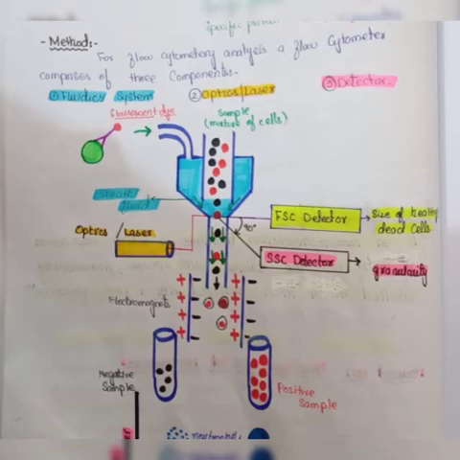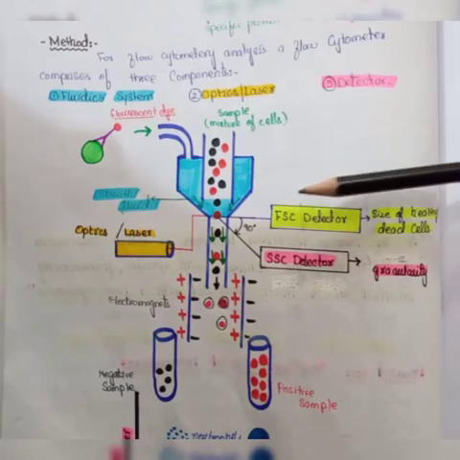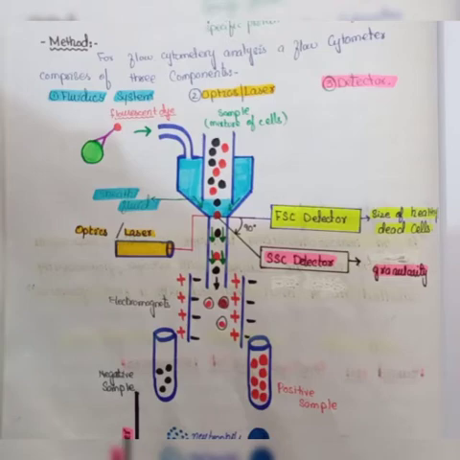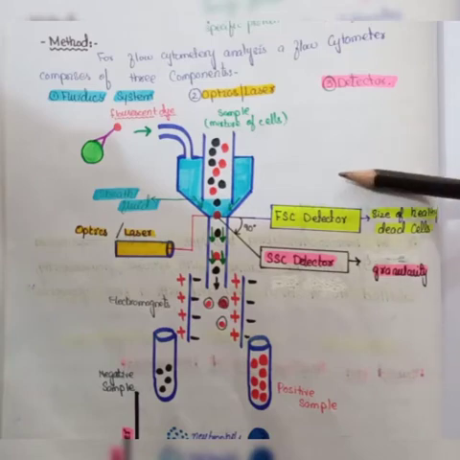So let's start. First, the cell suspension is mixed with the fluorescent labeled antibodies. As we have already discussed, when this cell suspension is passed through the flow cell or sheath fluid, the sheath fluid will generate a force. That's why the cells in the suspension run downward one by one.